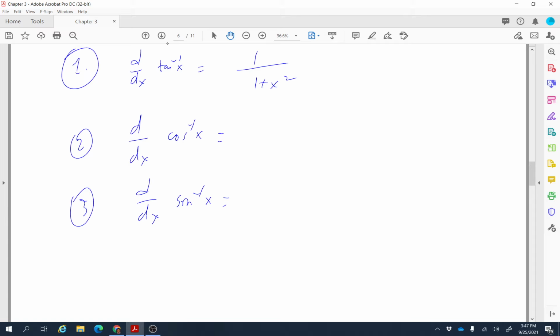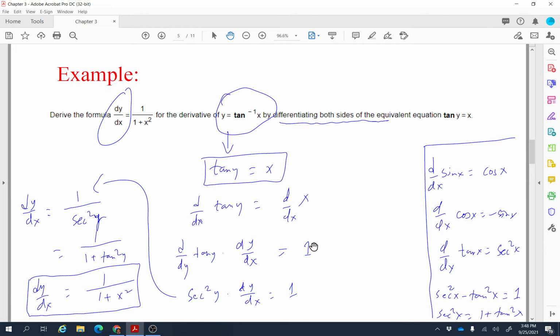The derivative of sine inverse of x is 1 over square root of 1 minus x square, and the derivative of cosine inverse of x, by doing the same thing, is also 1 over, in this case, a minus square root of 1 minus x square. So these are the derivatives of the tangent inverse, cosine inverse, and sine inverse functions. And we can find out this information by doing exactly whatever I did here.